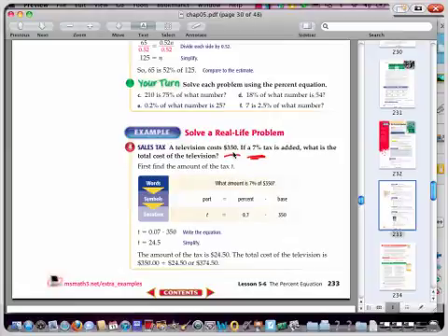So if we want to take $350, that's my base. My 7%, move the decimal twice. Okay, so I get 0.07. I'm not sure where they got that. I think that's a typo. So this should be 0.07.